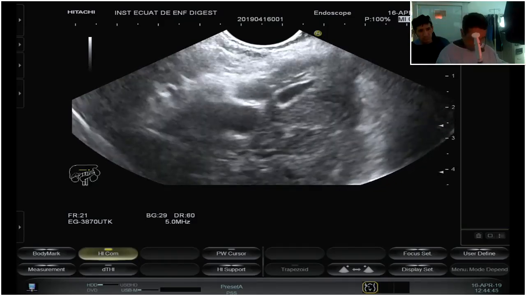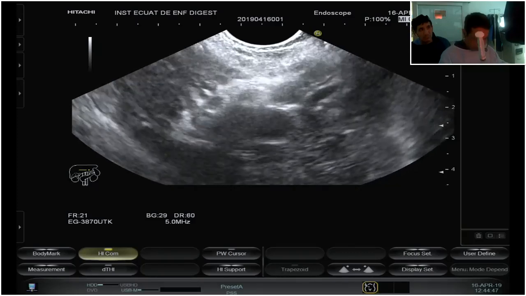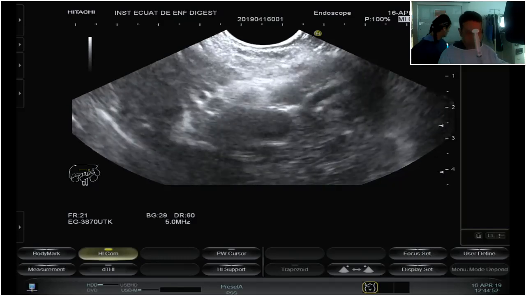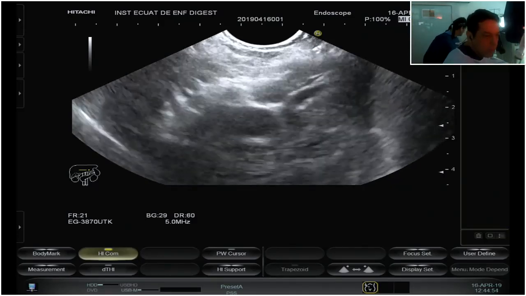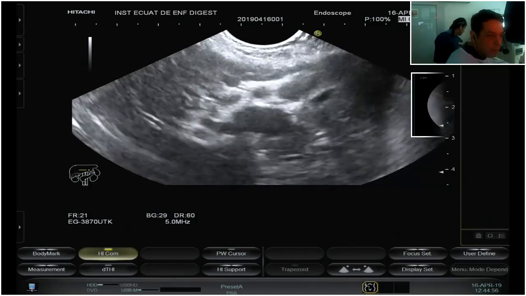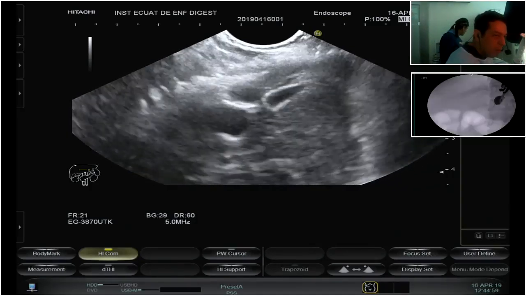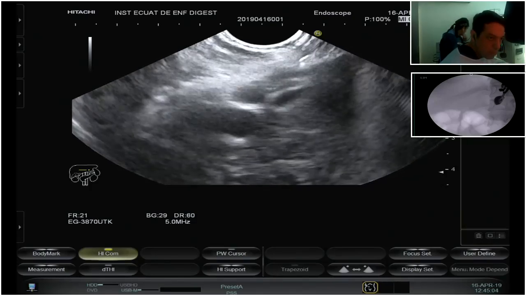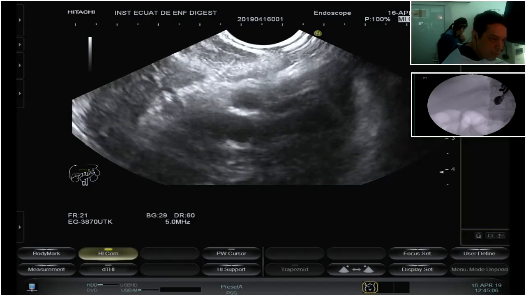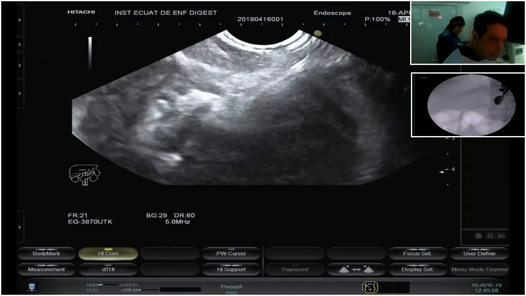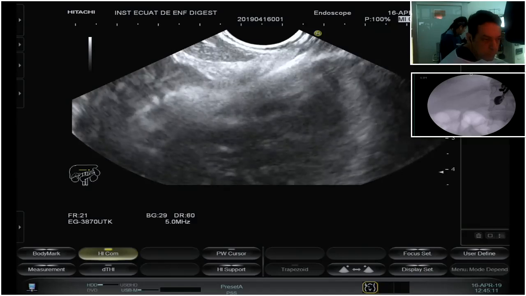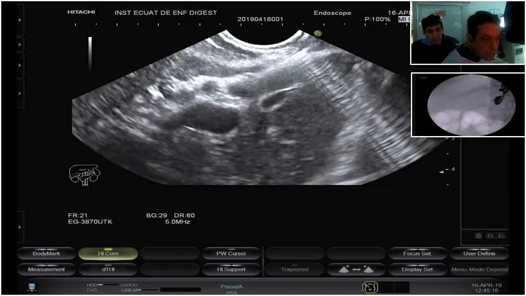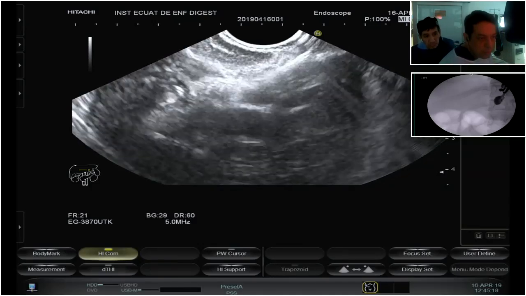I will use the SpyGlass needle from Boston Scientific. So one very good tip is try to pass over.